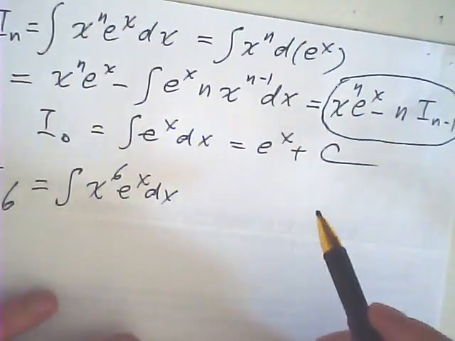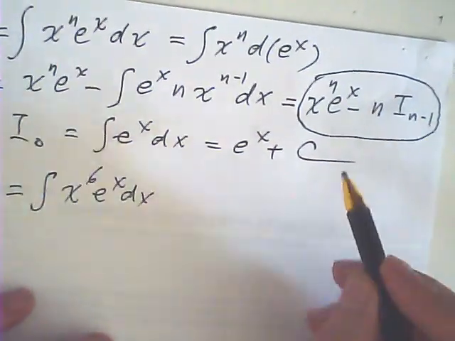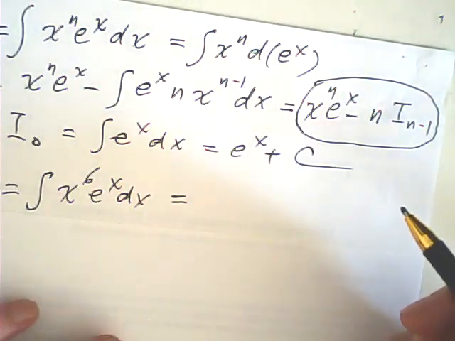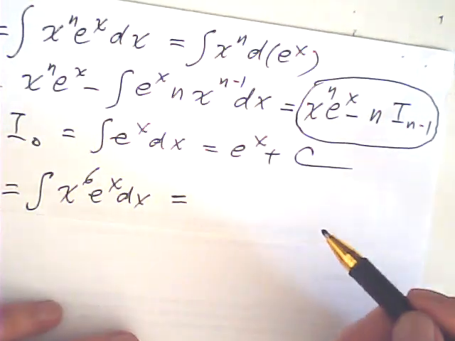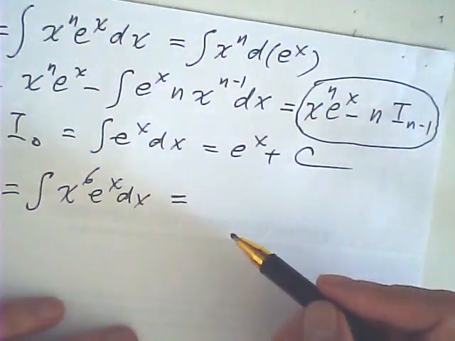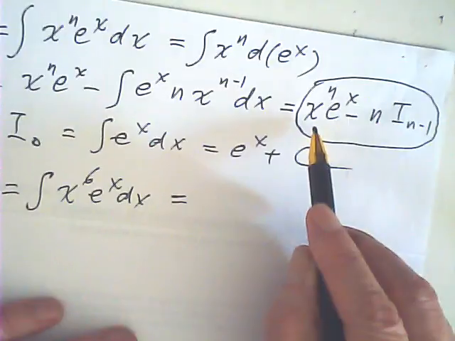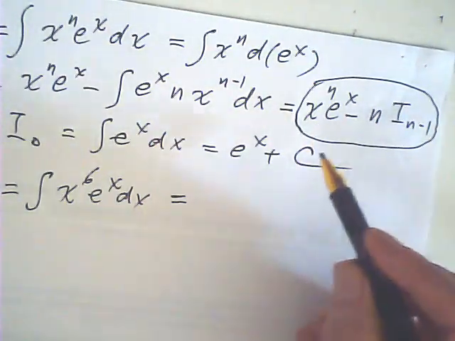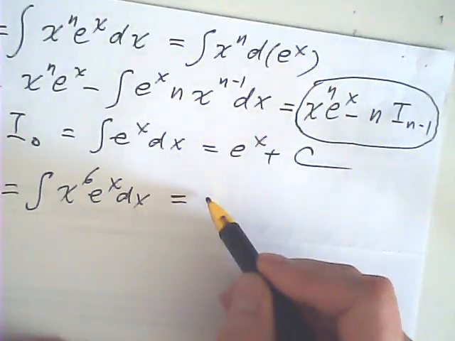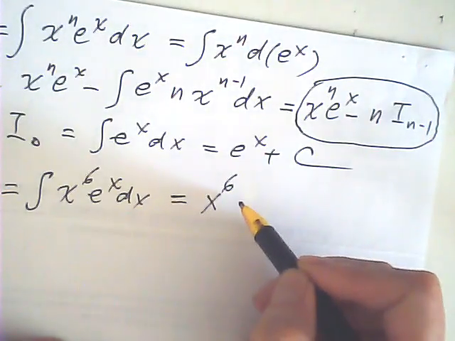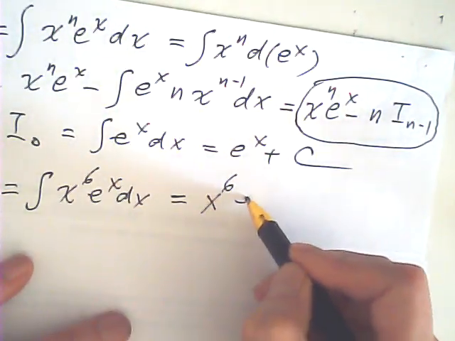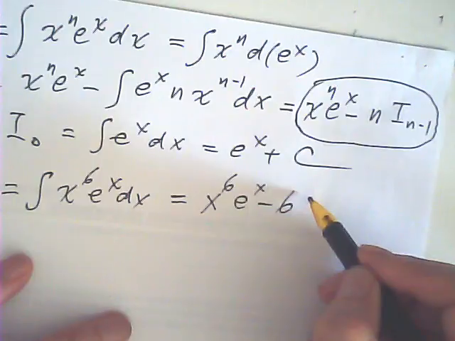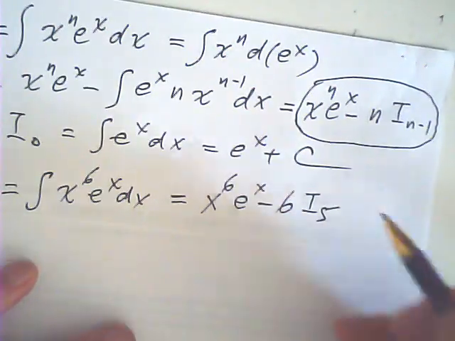Instead of integrating, I'm using the formula, which is equal to x^6 e to the x, right, minus 6 I5.